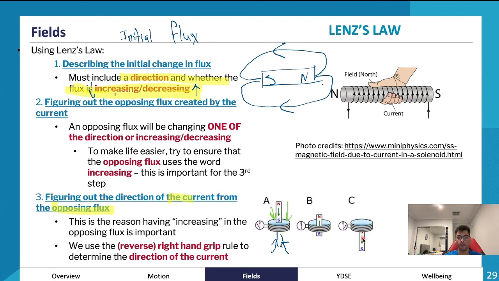And at the end, the current is going to travel in the opposite direction, because once the magnet is falling down, the flux is changing, and we want the flux to increase. So the coil induced current is going to travel in the opposite direction.